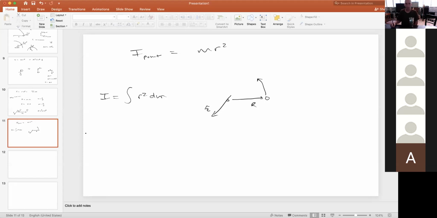So we're going to use things like a disk or a sphere, or a hollow sphere that has a thin shell, or we'll use a cylinder, or we'll use a rod, all these things. In chapter 10, there's a chart that gives you these moments of inertia.